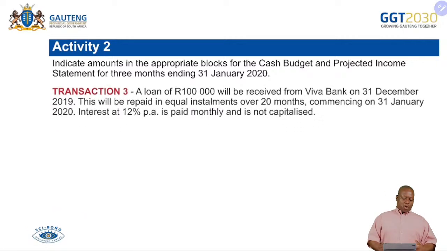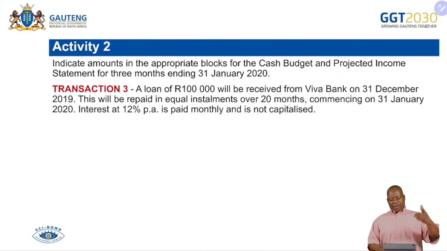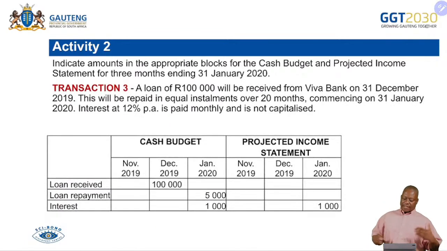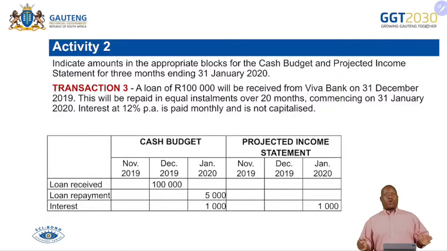And then we go to transaction number 3. This is about a loan. What are they saying here? They're saying a loan of 100,000 will be received from Viva Bank. This will be repaid in 20 equal installments starting in January. And then there's also an issue of interest.